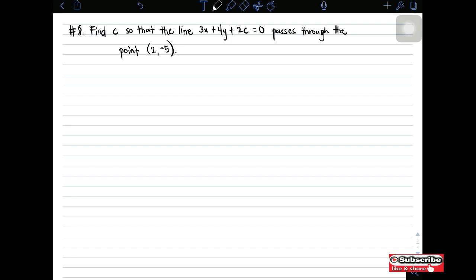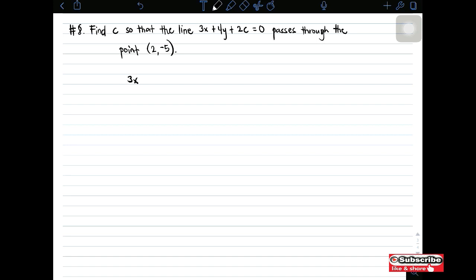The given equation is that you have 3x plus 4y plus 2c is equal to 0. At sabi dyan, yung line daw ay dumadaan sa point na 2, negative 5. So, kung alam natin yung mismong konsepto ng problem na to, hindi tayo mahihirapan.